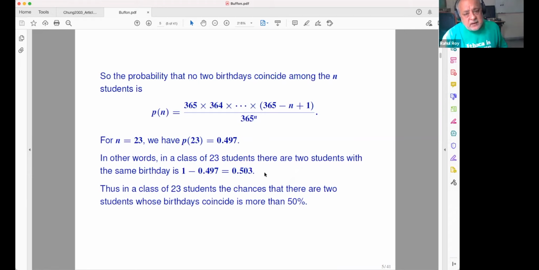And this result, I find, is quite non-intuitive, but the calculations are completely correct, and so there is nothing hanky-panky about this. This just shows that in a class of 23 students, there will be at least two students with the same birthday.